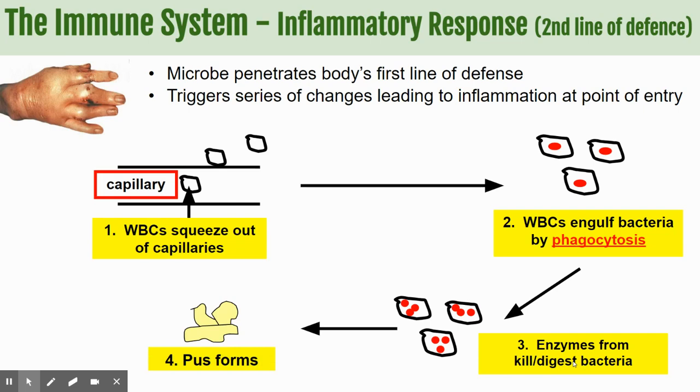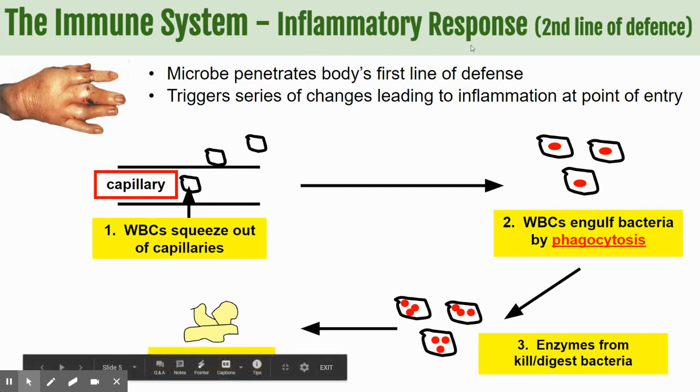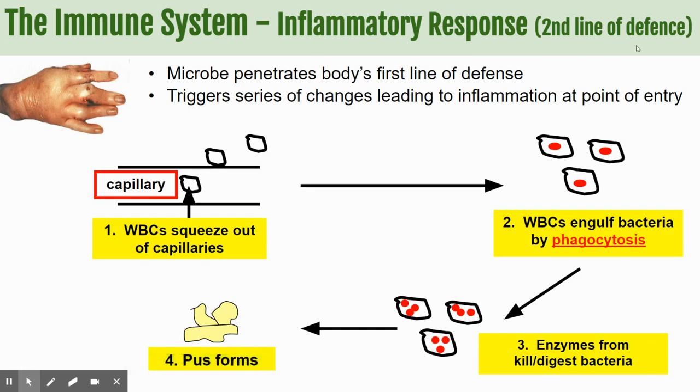So the first thing that happens, if they do come in, is you have an inflammatory response, or the second line of defense. The first line was our physical defenses, and now we have the second line of defense. If the pathogen gets through that first line, it triggers a series of events leading to inflammation where it entered.